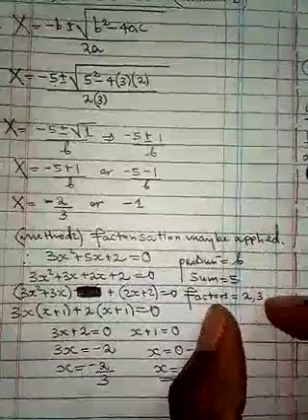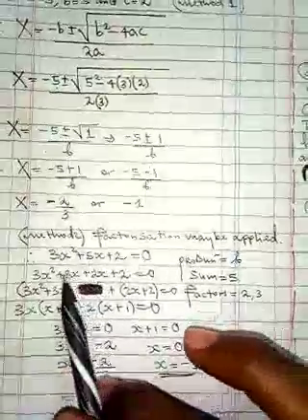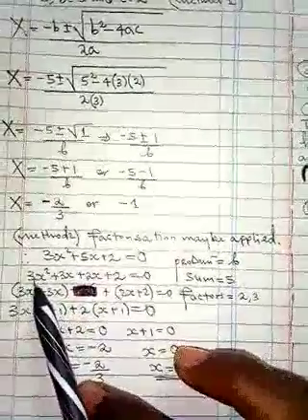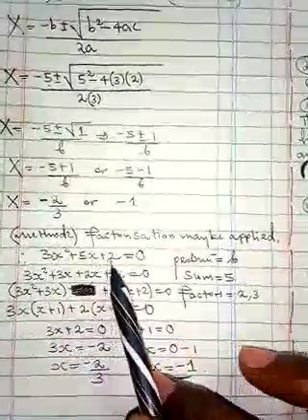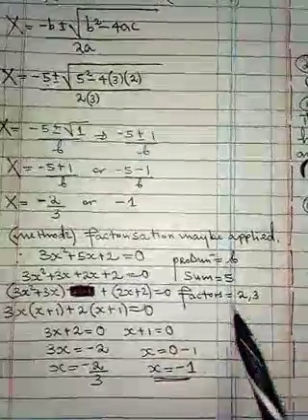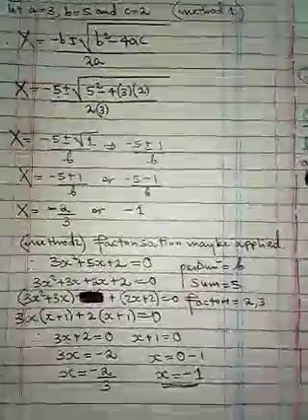Once you determine your factors, we just get them and then we put them back in that original equation. Okay? So I know you had 3x squared plus 5x plus 2 initially. So when you're getting your factors, we always place them on the sum. Let me show that.